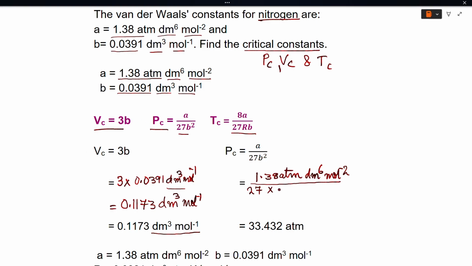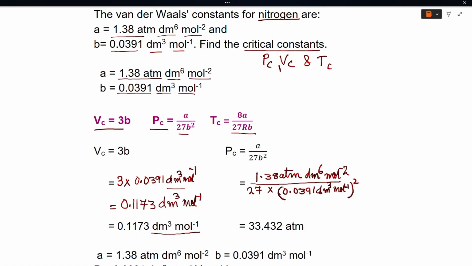Remember, do not forget to put the square, that is 0.0391 decimeter cube mole raised to minus 1 whole square.